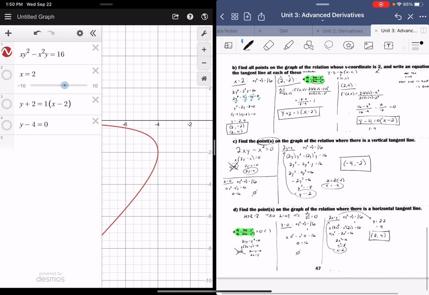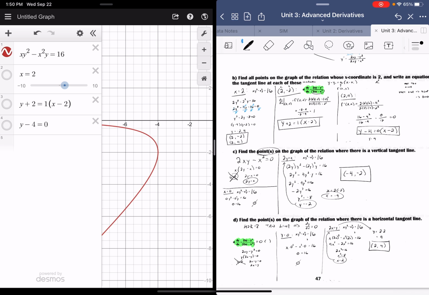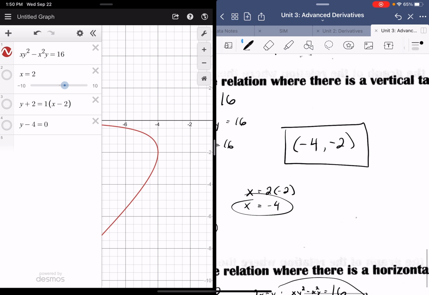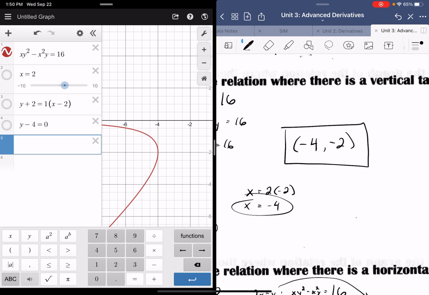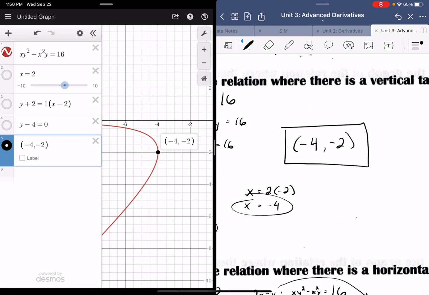So let's verify that's true. So we found that the vertical tangent line, we didn't actually find the equation of it, but we said that that does happen at -4, -2. So I'm just going to create a point. So parentheses, -4, comma, -2. That creates a dot for me, and look at that. That dot is right there, right where we thought it would be.